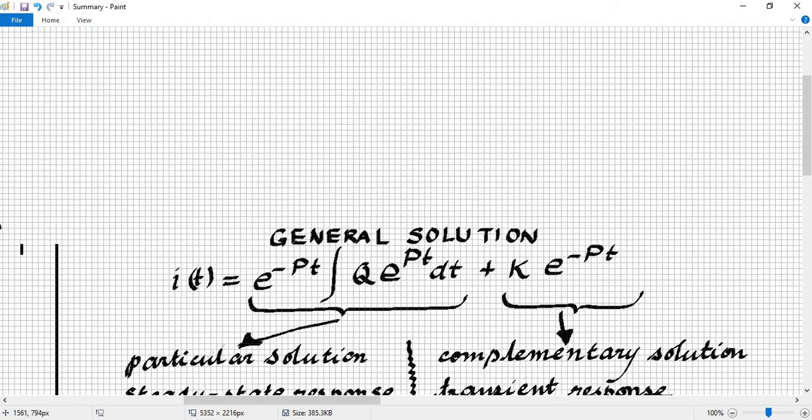One is the particular integral, not particular solution, and the other is the complementary function. So this second part is known as the complementary function, and this first part is known as the particular integral.